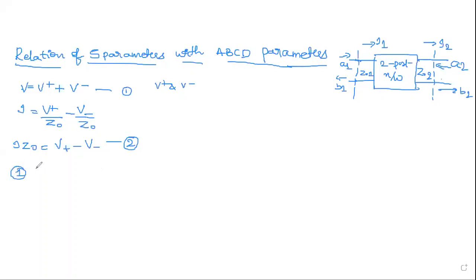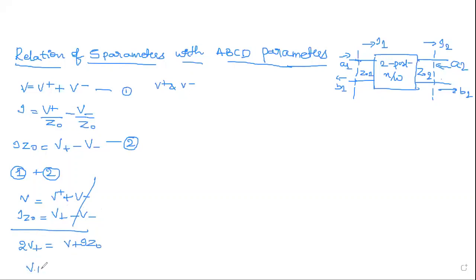You can add 1 plus 2. So you'll get V is equal to V plus plus V minus. Similarly, I into Z naught is equal to V plus minus V minus. So when we add, these two will get cancelled. You will have 2V plus is equal to V plus I into Z naught, or V plus is equal to 1 by 2 into V plus I Z naught. You can consider it as equation 3.